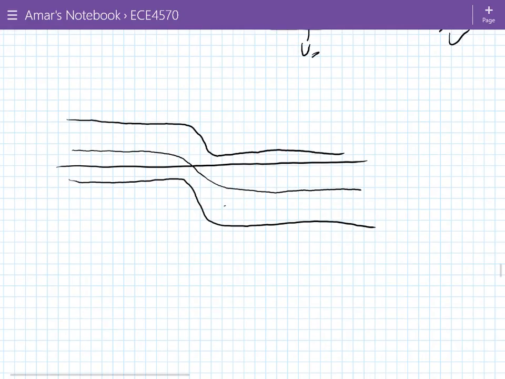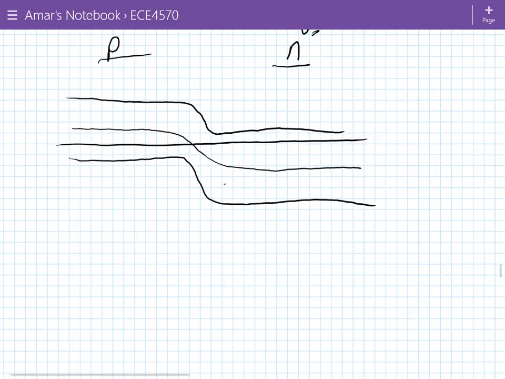So this is the P side of the junction, this is the N side of the junction. Okay, well, we can do some of this together. So the P side of the junction has a doping Na, and the N side of the junction has a doping Nd.